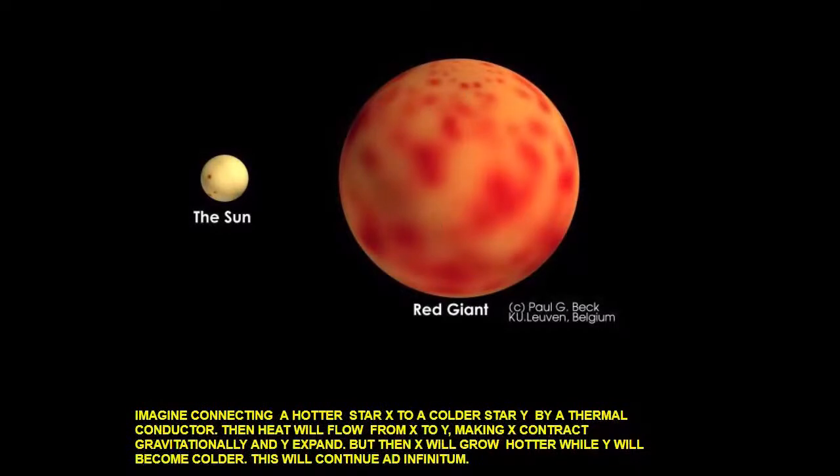Then I mentioned that when this happens, the red giant star expands while the sun contracts. Now, who tells me this? Why is it that when heat energy flows into another star, excess heat energy will make the star expand?